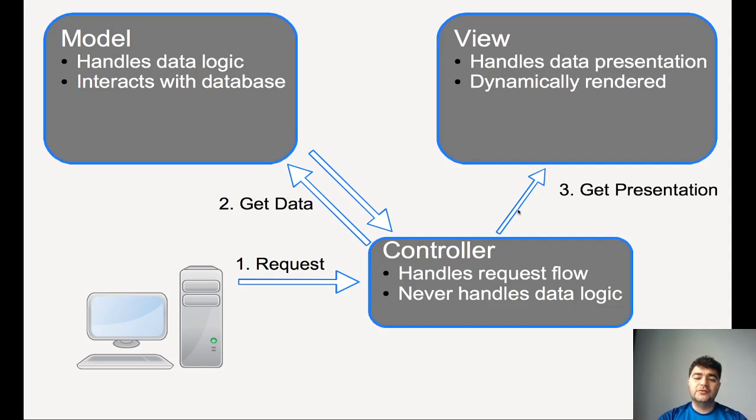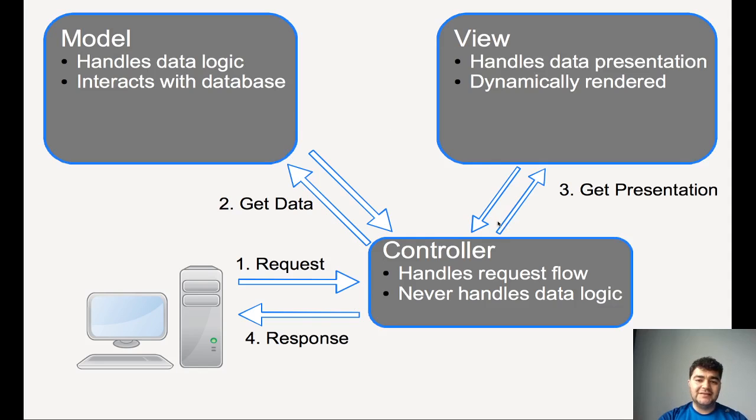The controller gets this presentation back. Again, the controller doesn't care about how the data is presented. It just takes the presentation from the view and gets it back to the user as a response. So the user sends a request and gets a response through these steps.